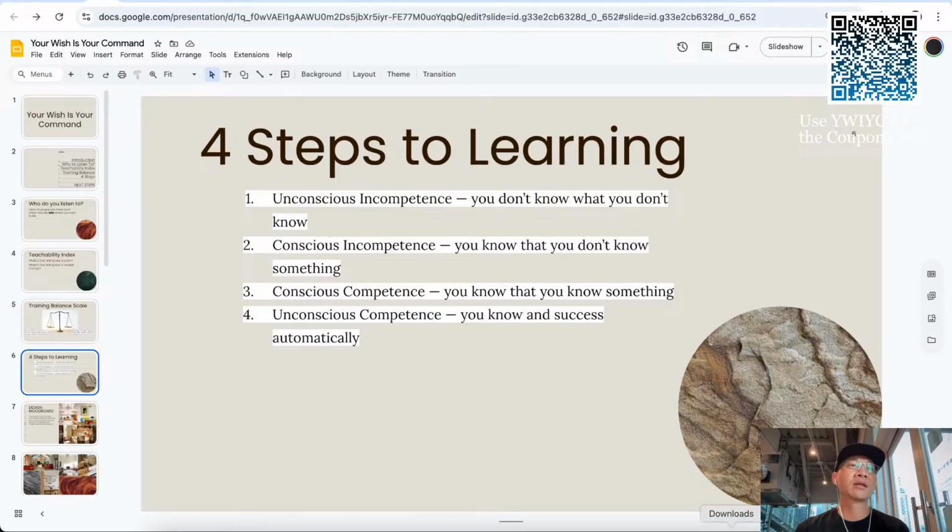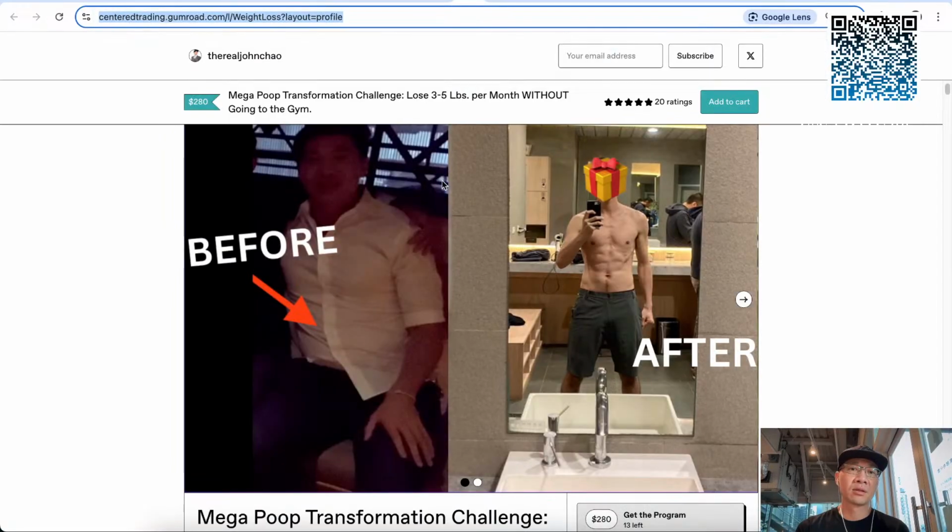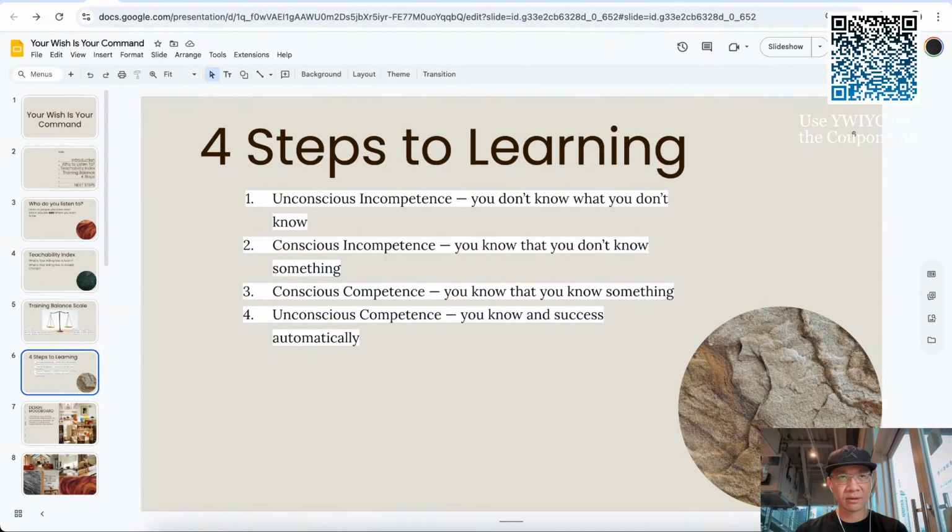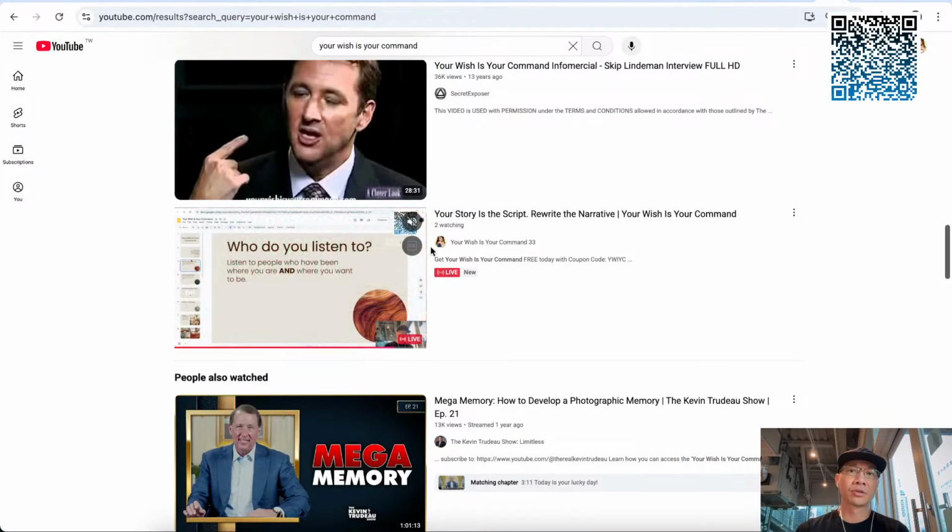I feel like that many times throughout my journey, going from the picture on the left to the picture on the right. When I was doing that, I had to learn from so many different authors, and maybe I had a specific paradigm I was holding on to, no longer serving me, and I had to upgrade myself on this path. So today, I'm going to close out this call, and your story is the script.